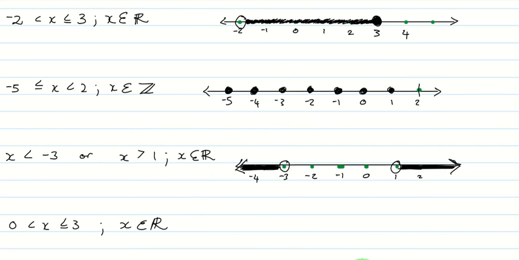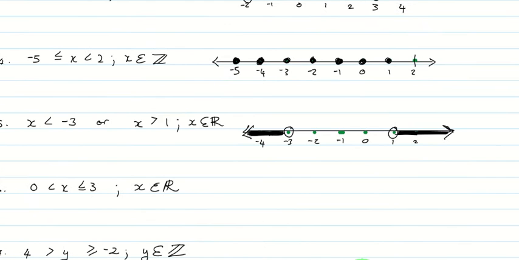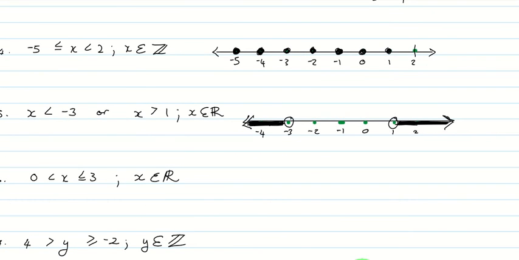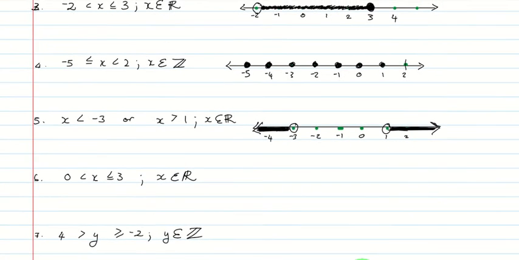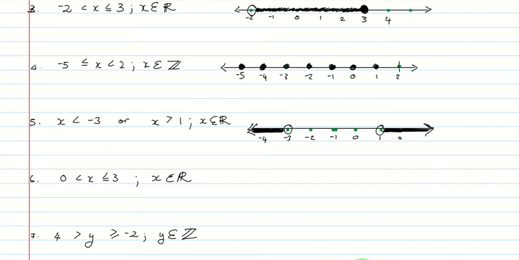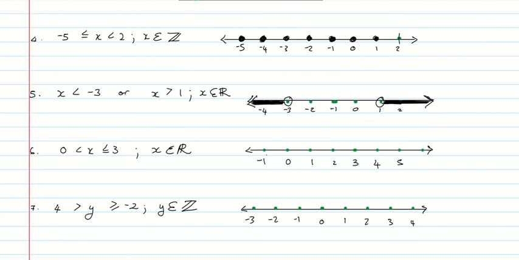All right. Just a few more to go. Number 6. All right. Once again, I'm going to draw my number line. So grade 10, number 6 and number 7 we're going to do real quickly.